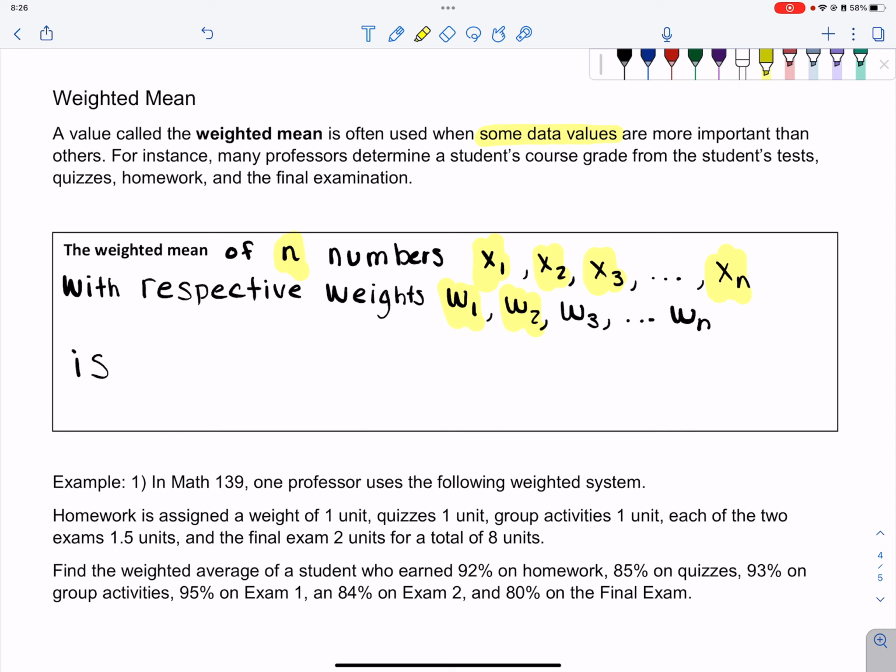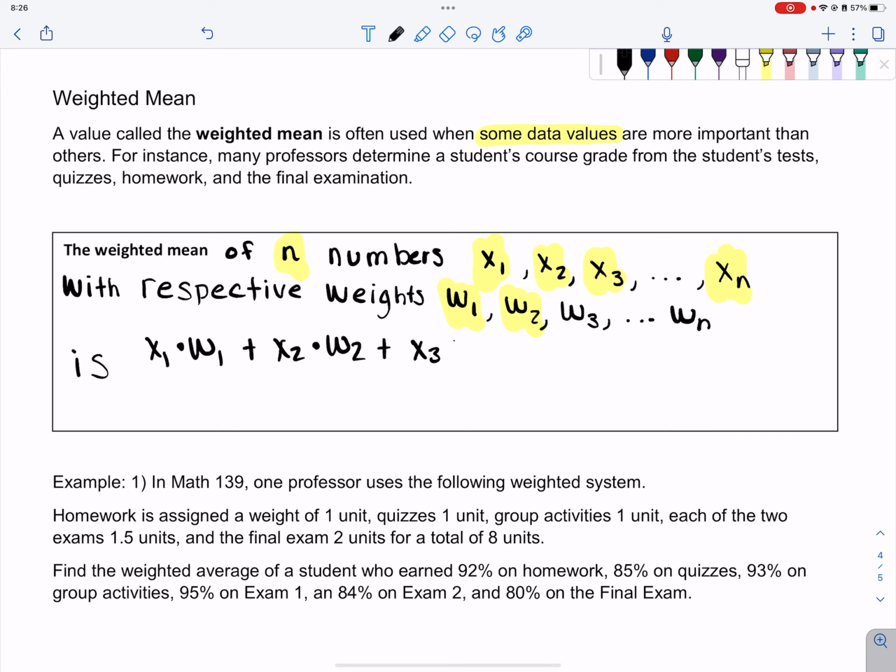So now our equation for the weighted mean, we can calculate it by taking x1 and multiplying it by its weight, W1. And then we need to add on x2, but x2 is getting multiplied by its weight, W2. And we do this for all of the data values.